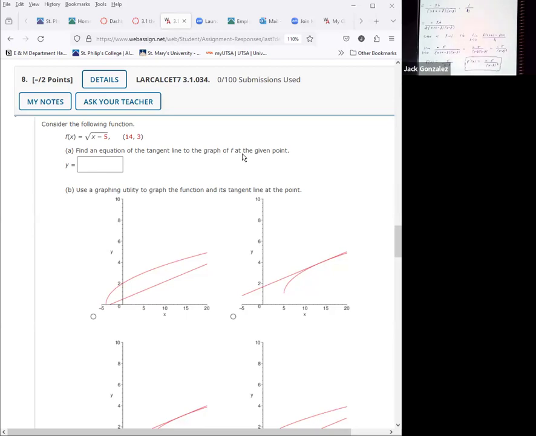Find the derivative first, and then plug in the number. That'll give us the slope. Once you know the slope, use this point to find your y-intercept. And that's it. Okay. But let me graph this for you so you can see what we're talking about.